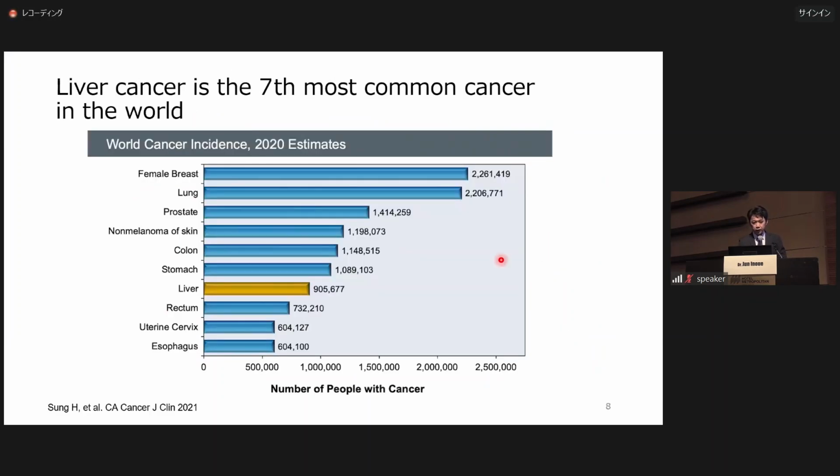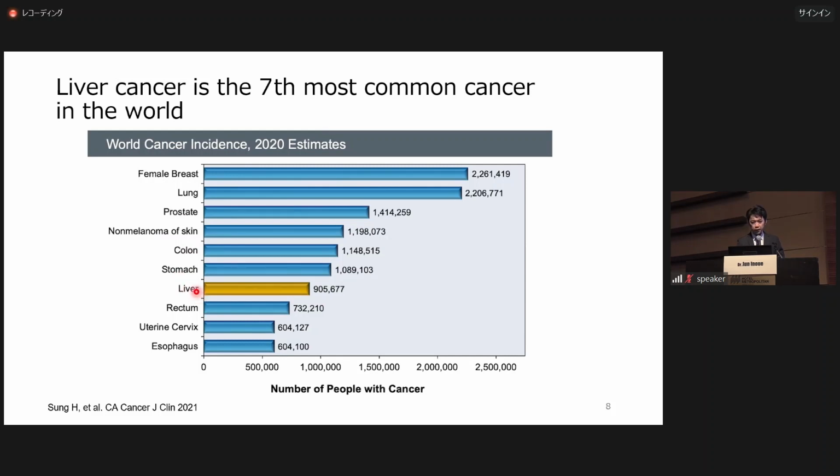This data is from cancer incidence in 2020 estimate. Then the female breast cancer ranked first, and lung cancer, prostate cancer, non-melanoma skin cancer, colon cancer, gastric cancer, and liver cancer following.